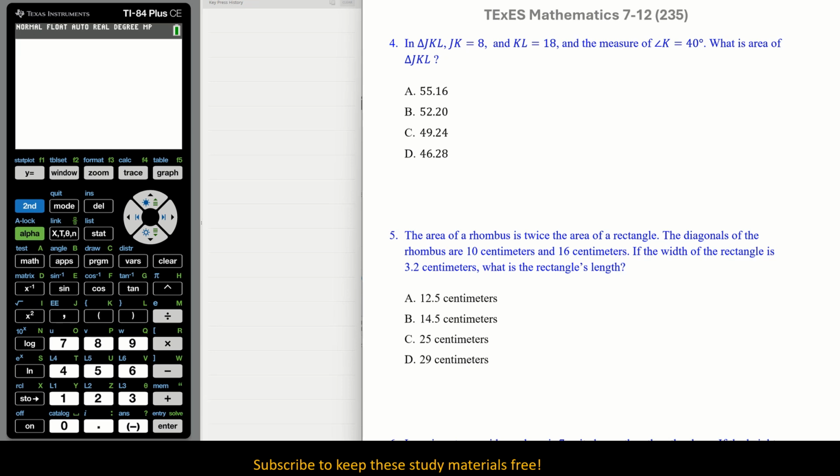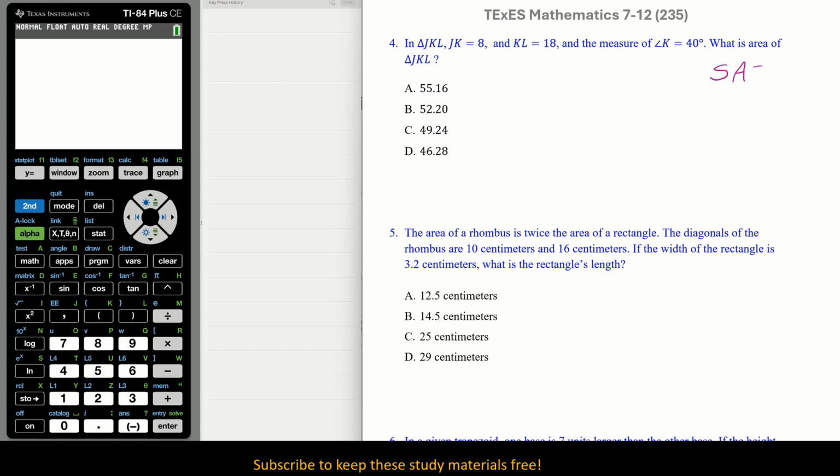Number 4. In triangle JKL, J equals 8 and KL equals 18. And the measure of angle K equals 40 degrees. What is the area of triangle JKL? Okay. Because of the way they've done the notation, I know that we have side, angle, side. Well, how do I know this?